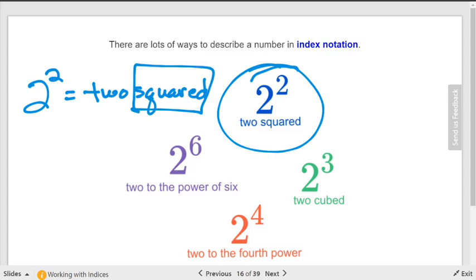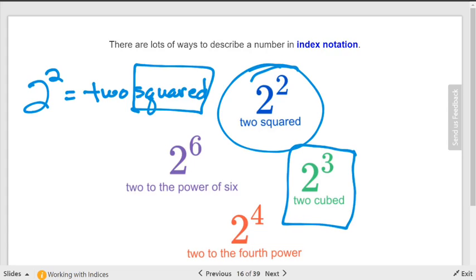Because if you're doing area, you take one side times the other side, right? So if they're in meters, meter times meter becomes meters squared, right? So anything times itself, guys, is known as squared. And that simply means, if I say squared, you think exponent of 2.